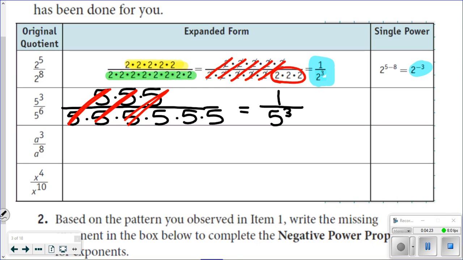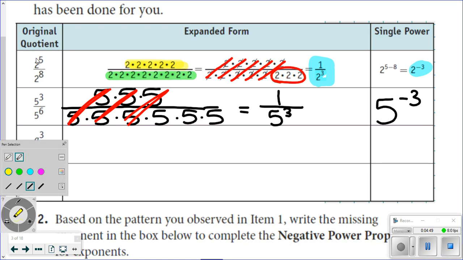But let's think back to our quotient power. Remember that we keep the base, so we keep the 5, and subtract the exponents. So 3 minus 6 is negative 3.